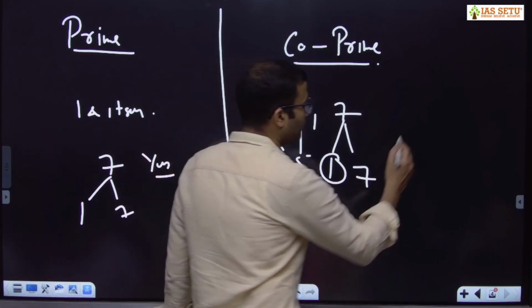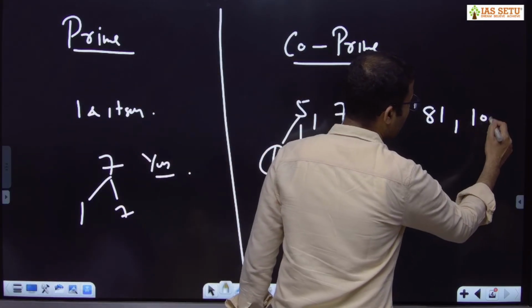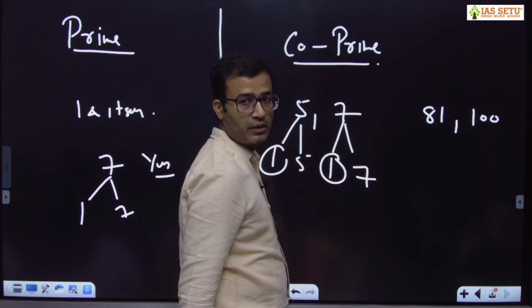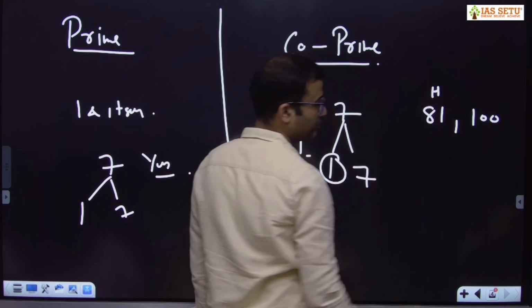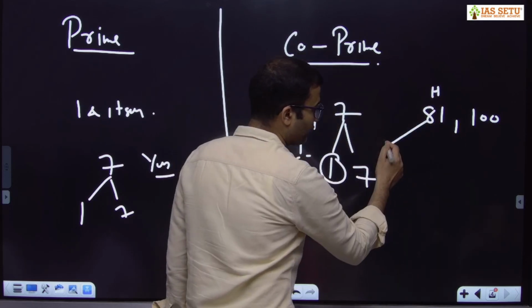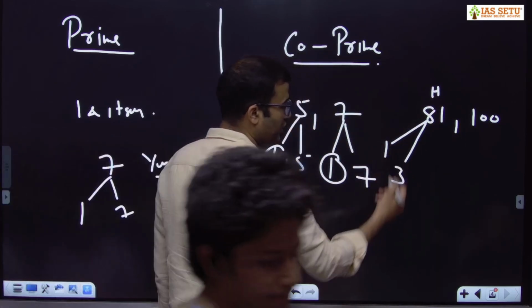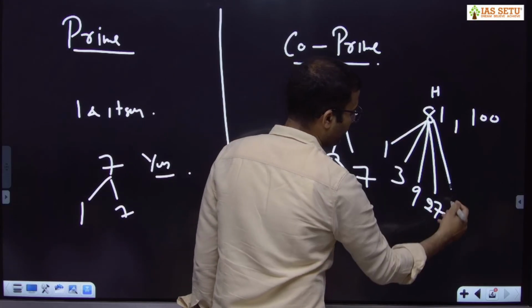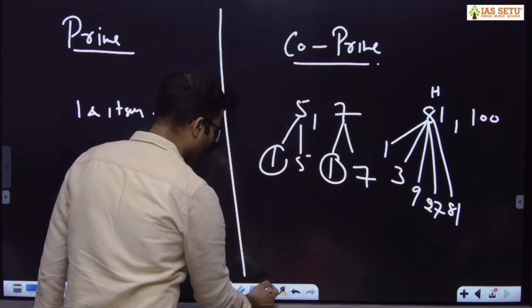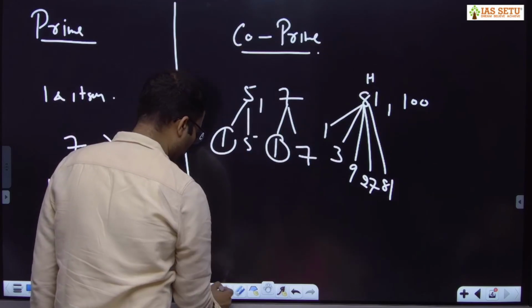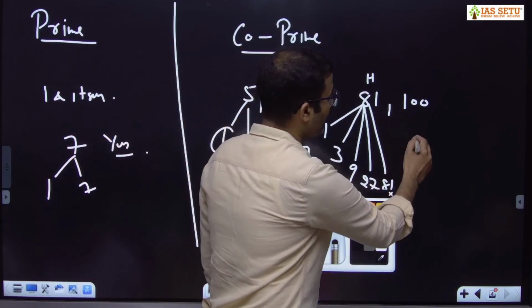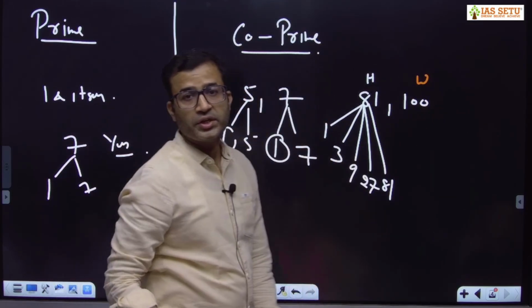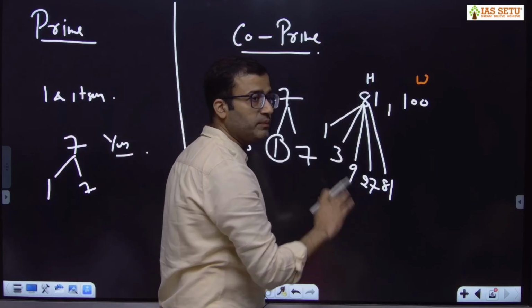It can be a couple like 81 and 100. This 81 is like the husband, having relationship with 1, with 3, with 9, with 27, with 81. So these are the relationships of this husband. Then this wife said, if you have this many relationships, no problem.